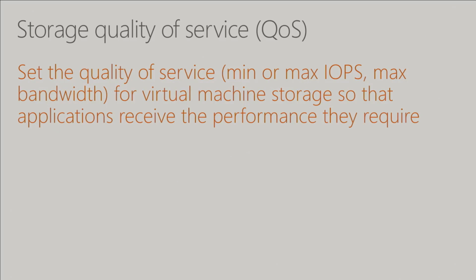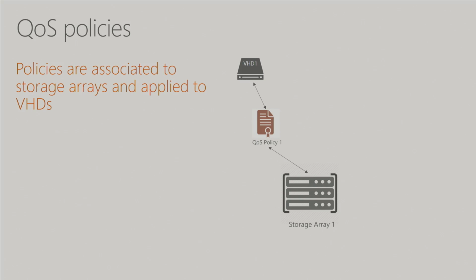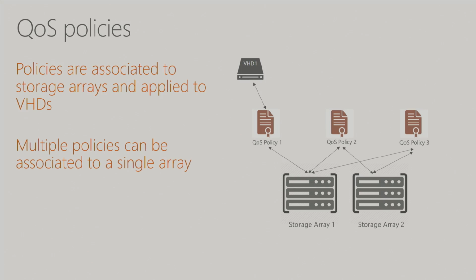So this is a feature where, for a SOFS cluster, you can say that a VM's VHD can take only a minimum and maximum IOPS, and this is the bandwidth. This is how it works. In VMM, storage quality of service is a first-class object. You associate it with a storage array, and it gets applied to a VHD.